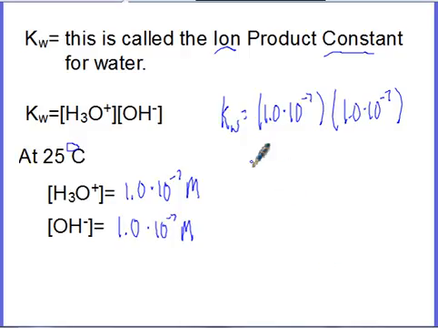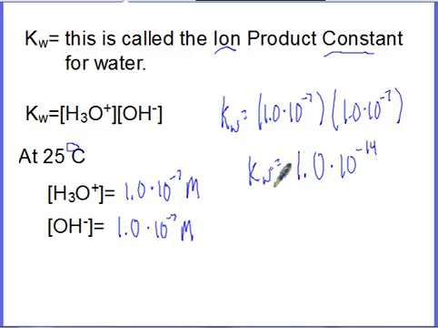If you remember the rules of exponents, when you multiply two scientific numbers together, you add the exponents to give you your new exponent. Kw is said to equal 1.0 times 10 to the negative 14th.